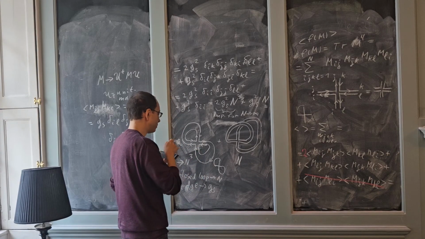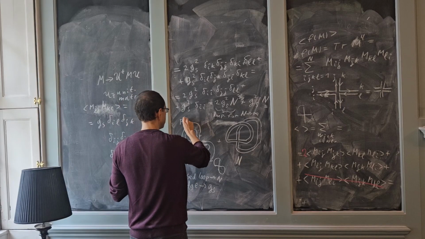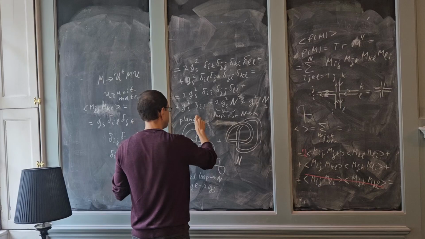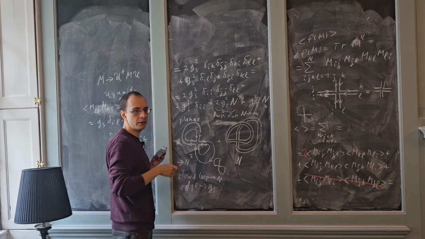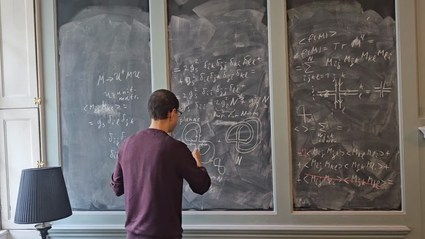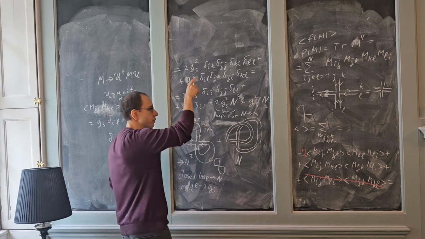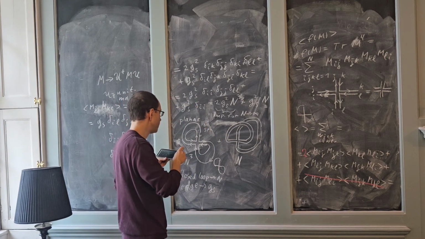So this first diagram is what's known as a planar diagram, for the simple reason that it can be drawn on a plane, or more mathematically speaking, on a sphere. A sphere is equivalent to a plane with one point at infinity, so it's the same.